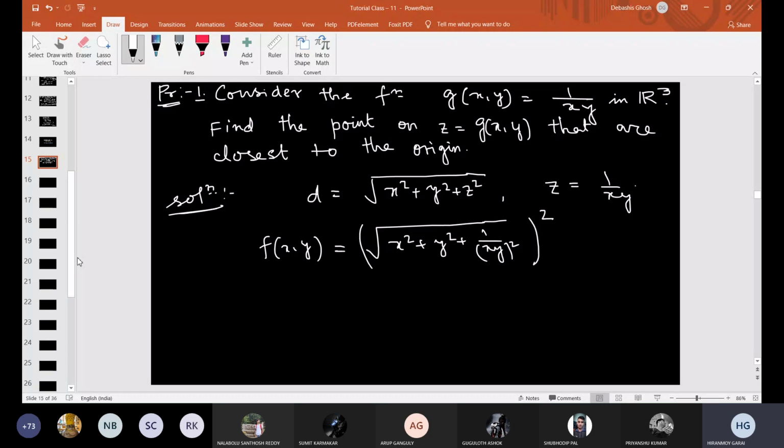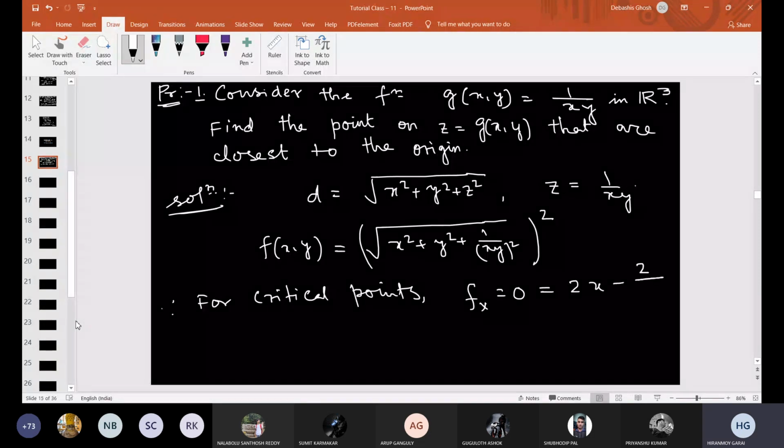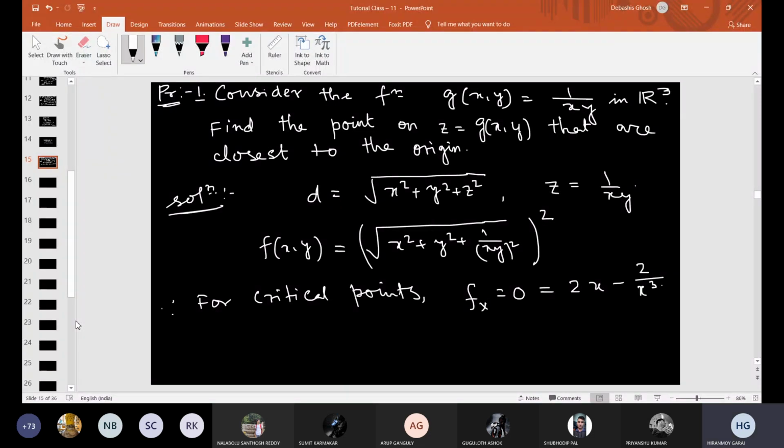Now, what is f of x? So for critical points, f of x equals 0, which comes to be 2x, the differentiation of this one, minus 2 by x cube y square.